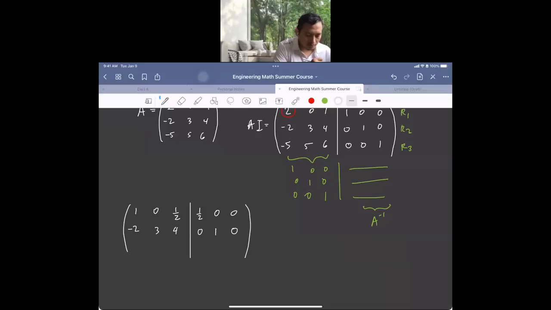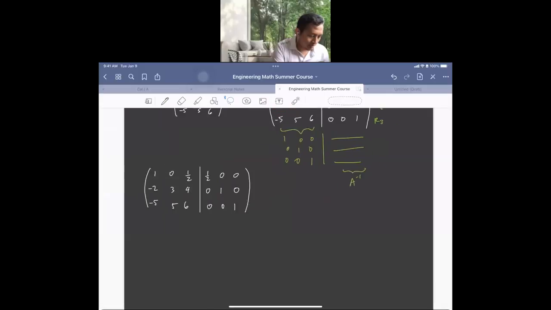The rest is still the same. And you can start from anywhere you want, as long as you stay consistent and make no mistakes in calculations, so that the left becomes the identity, and on the right will be your inverse.